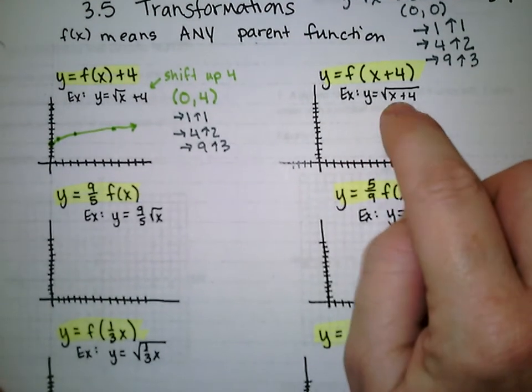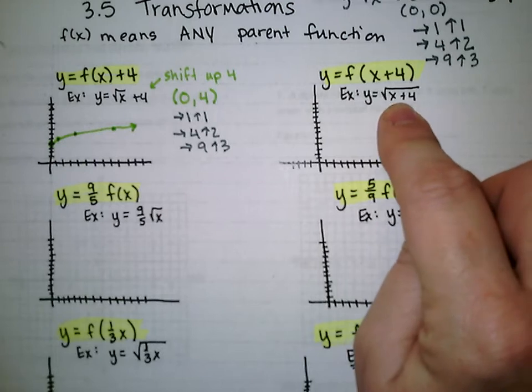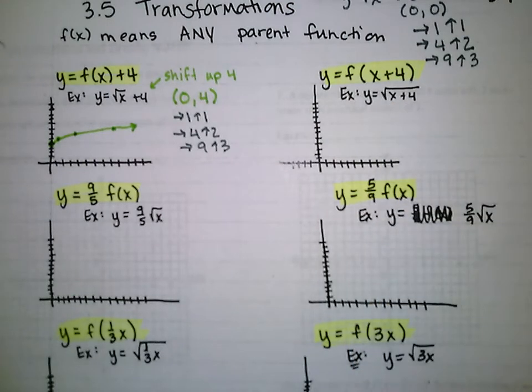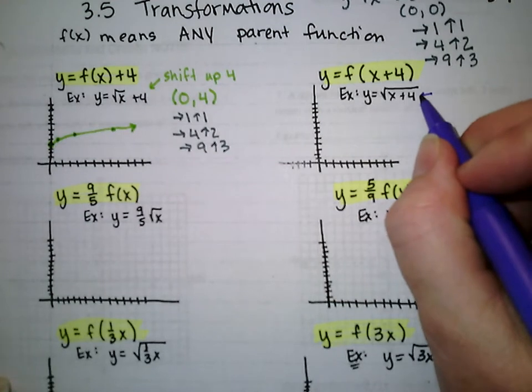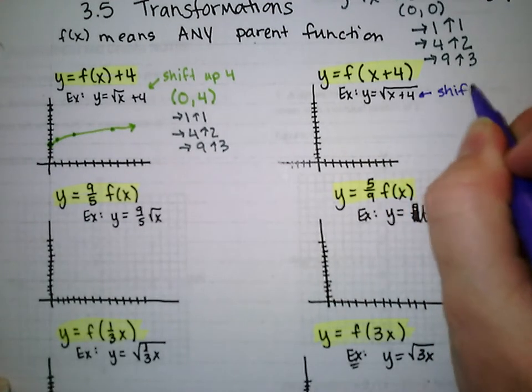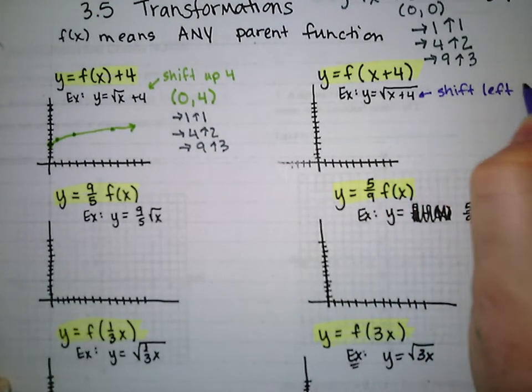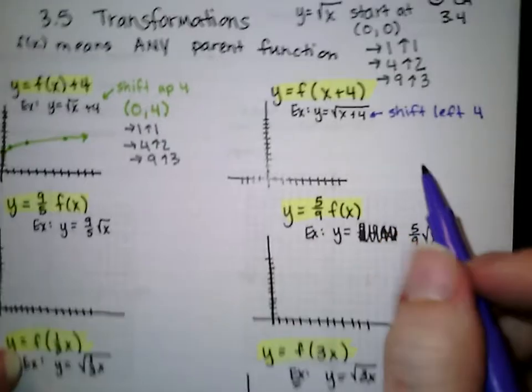Compared to this one, in this one the plus 4 is inside the parentheses with the square root of x, and so that is going to be a shift left or right. Inside the parentheses goes the opposite direction that you would think. This does a shift left of 4, so that also affects our starting point.